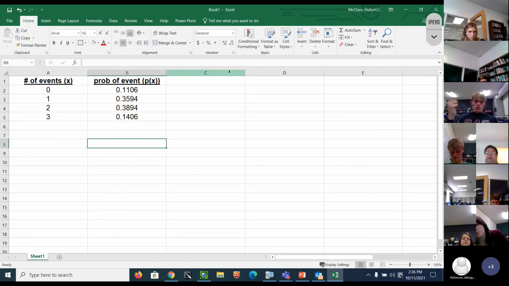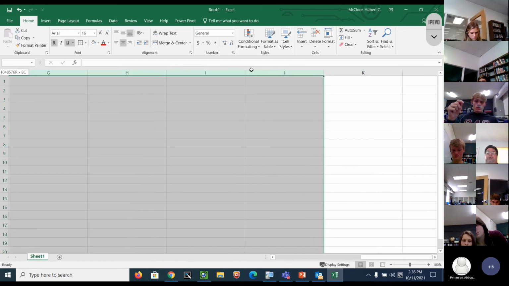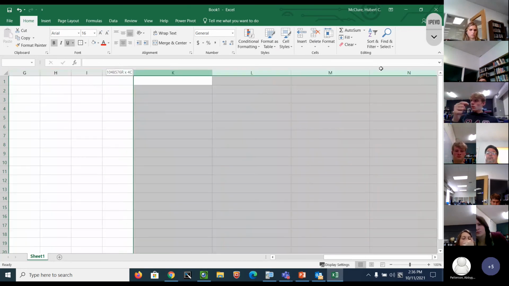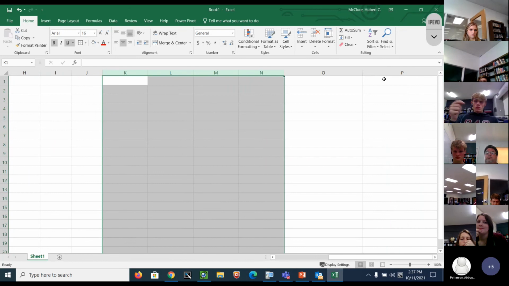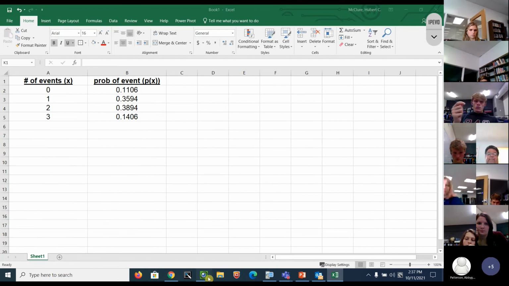So let's go ahead and I'm going to highlight these few rows and make them a little bit smaller. There we go. So what does the formula say?